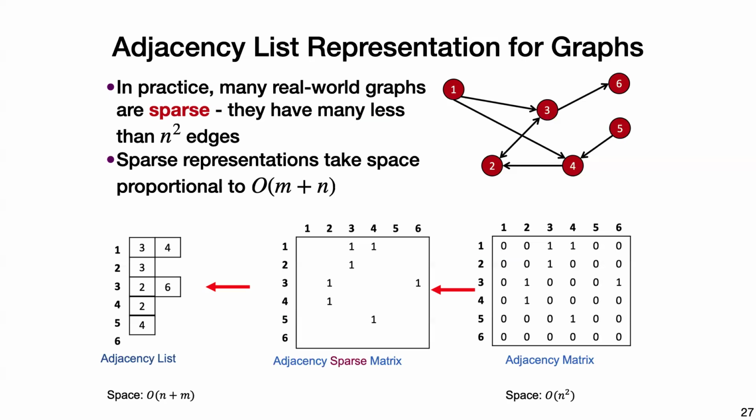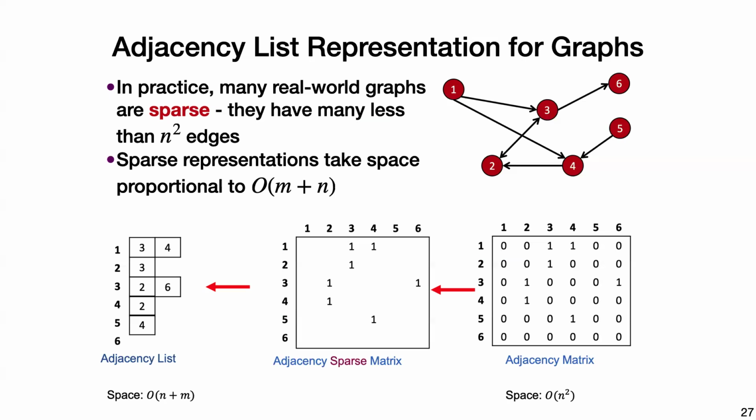In the adjacency list, you have basically an array of size n, the number of vertices, and each one is attached to a list of size equal to the degree of that vertex. You just write down the neighbors of that vertex. So here, 1 is connected to 3 and 4, so you write down 3 and 4. Those are the outgoing neighbors.